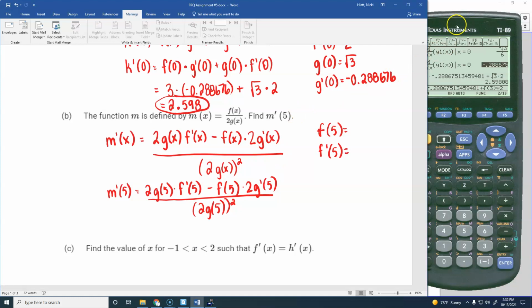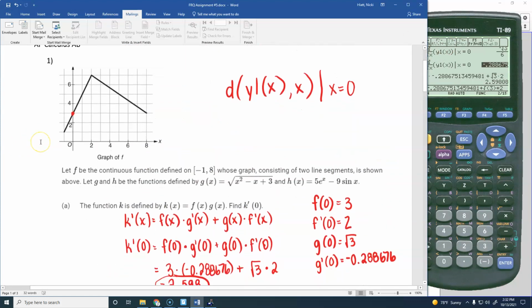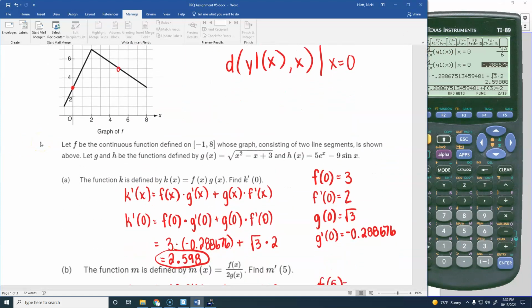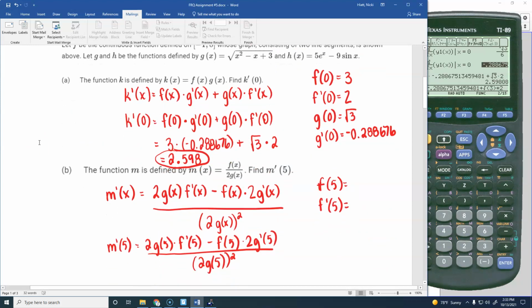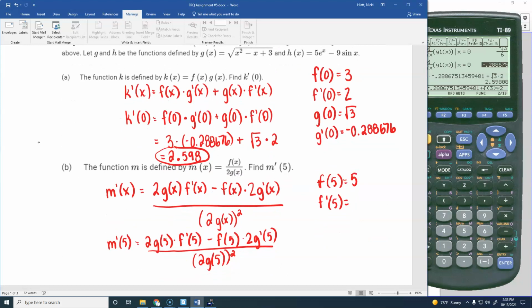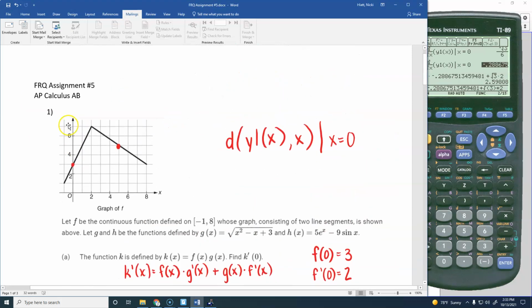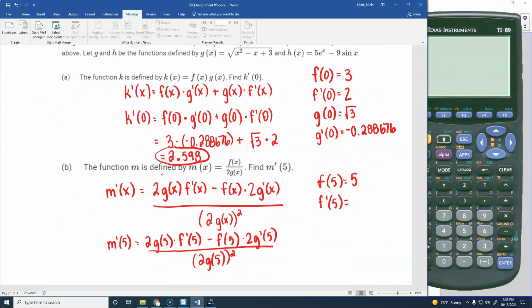Okay. So f of 5, if we go back up here to the graph, what is f of 5? It is 5. What is f prime of 5? Negative 2/3. That is our slope there.